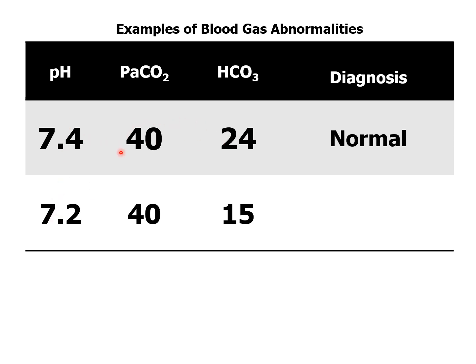And when we are going to examine the PaCO2 and the bicarbonate, of course, we can say that this is an example of metabolic acidosis, because the bicarbonate is lower than the normal. Now, this is not an example of respiratory acidosis because in respiratory acidosis, the carbon dioxide value should be higher than the normal.